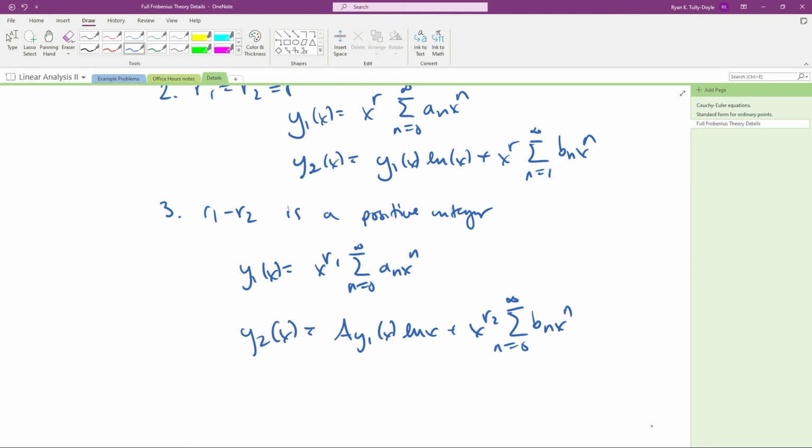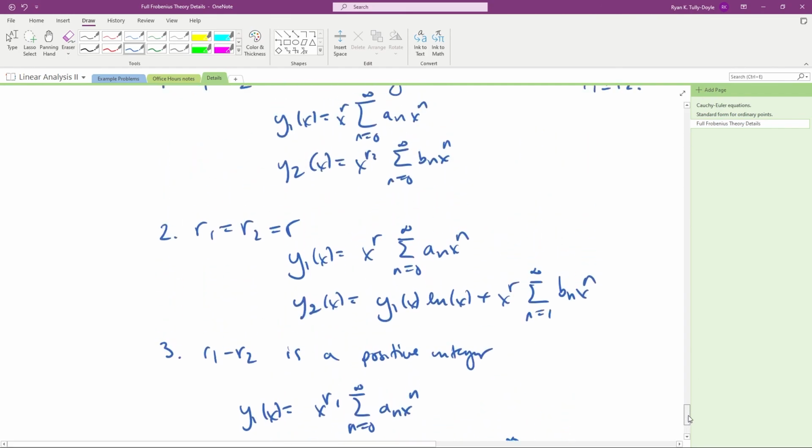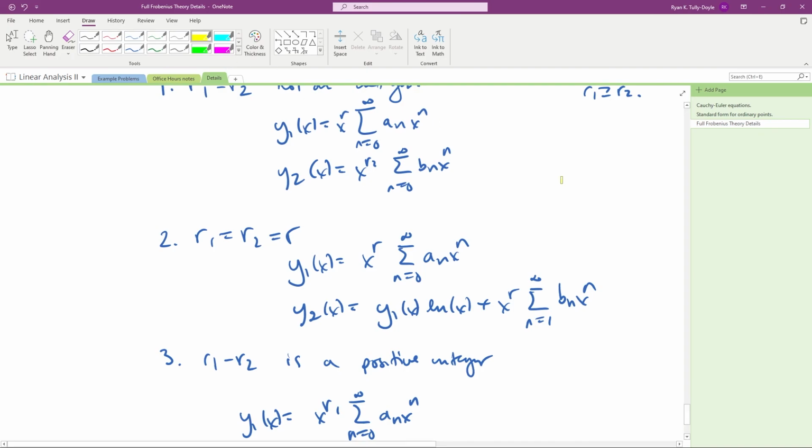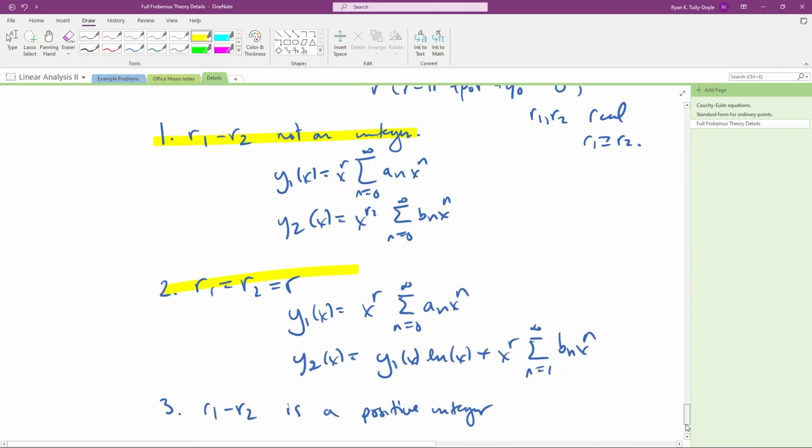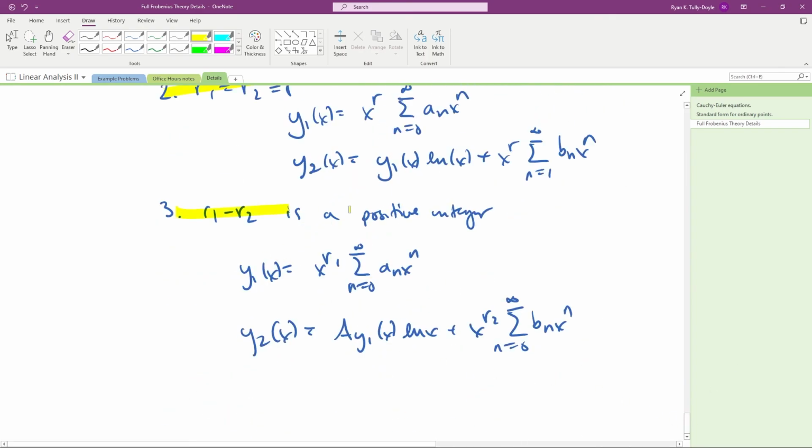If you're interested in looking at the full details, in the appendix to the Boyce and DiPrima textbook, you can find a complete description of how all the steps work. But the upshot of all of this is, when you're working with Frobenius series, you want to look at the roots of the indicial equation, and then look at the relationship between r1 and r2. And these three cases completely describe what happens when r1 and r2 are real.